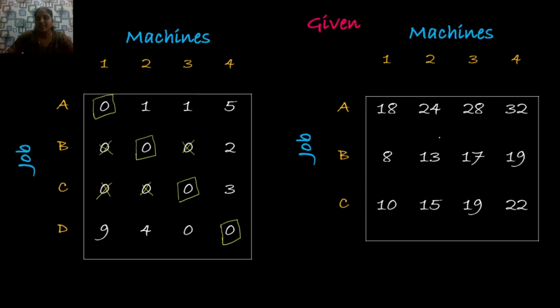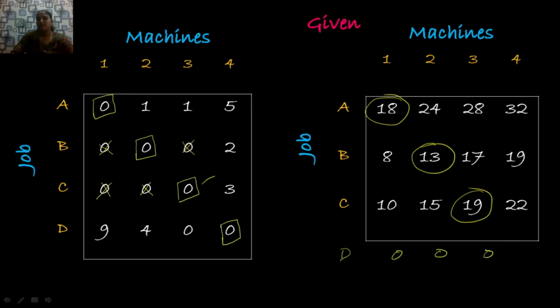For the position A to 1, the original cost associated with it is 18, B to 2 we have 13, and C to 3 we have 19, and D to 4, since it is unbalanced, we introduced a dummy row to make it balanced and proceeded using the Hungarian method, converting this matrix to this matrix to obtain the optimum assignment schedule. So the cost associated with this position is 0.